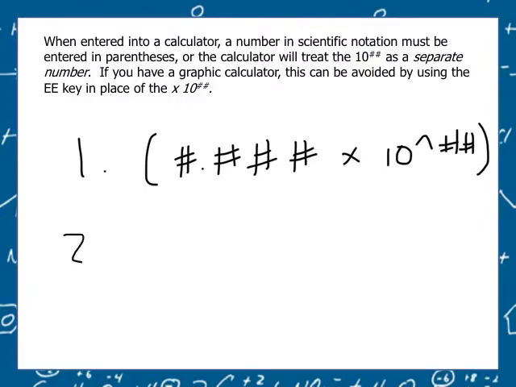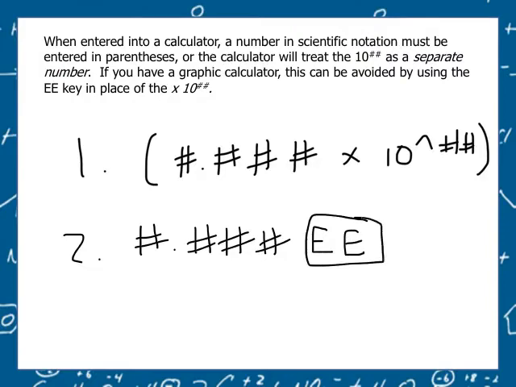So your option 2, if you have an EE button, all that you would have to type in is the decimal portion of your number, and then you're going to hit that EE button. It'll probably show up as just a single E on your screen, but anyway, the buttons are almost always listed as EE, and then you're going to enter just your exponent.